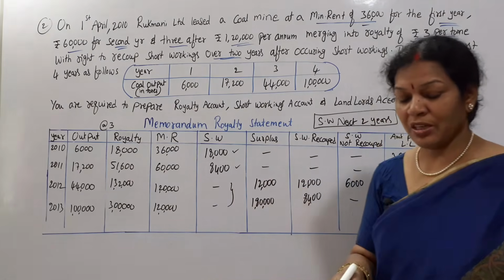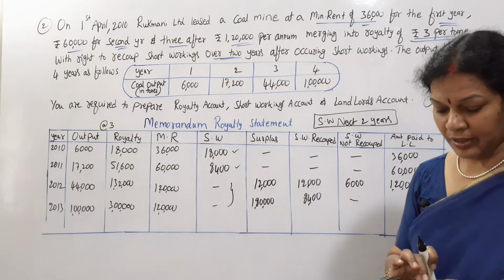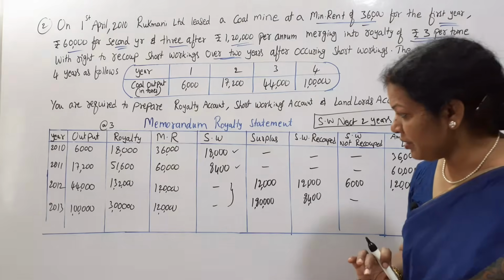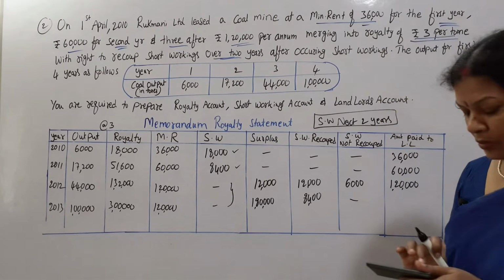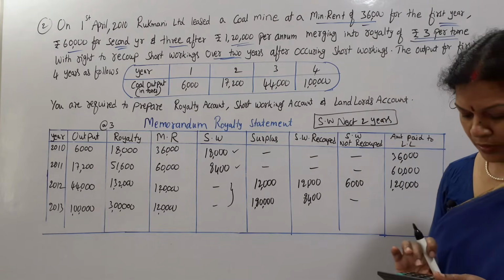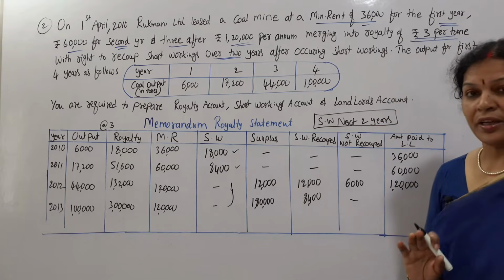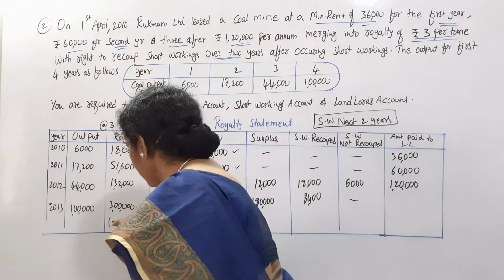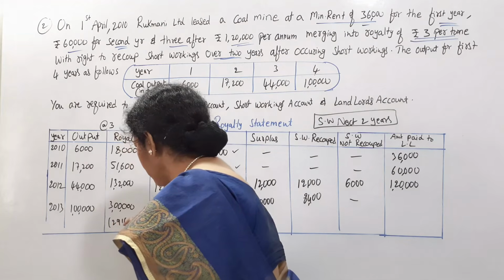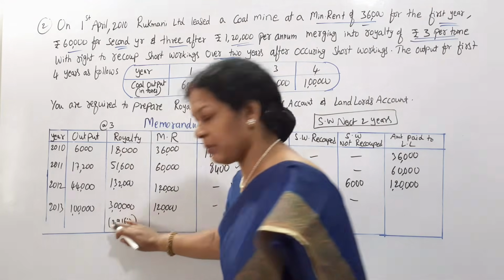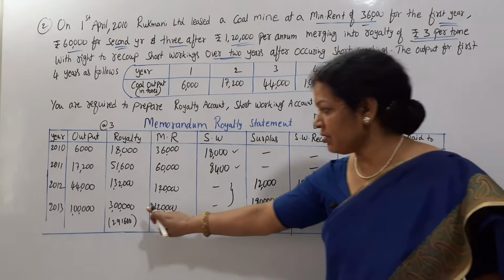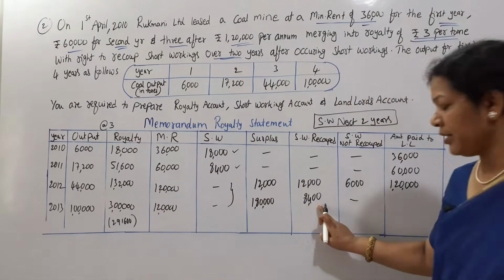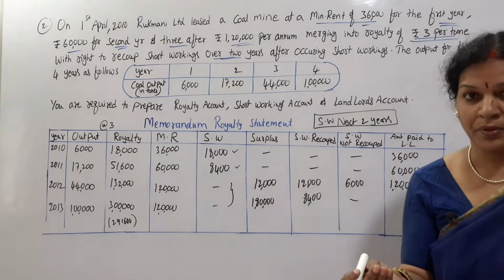So how much is left? 3 lakh minus 8,400, so that is 2,91,600 only left. This I am writing for your understanding, because out of 3 lakh, 8,400 we have recouped.